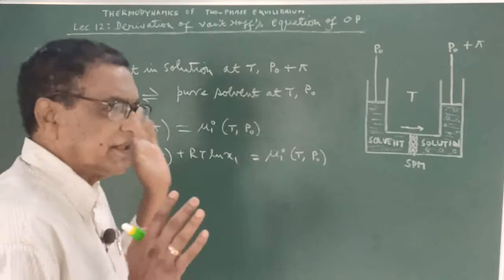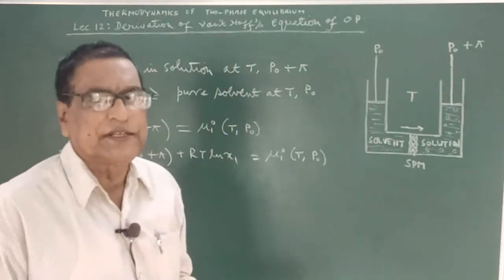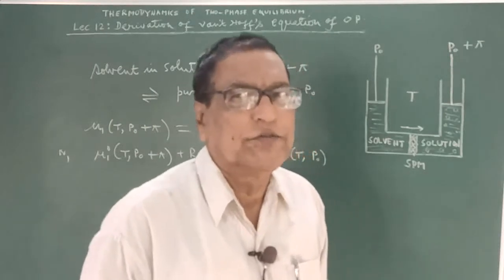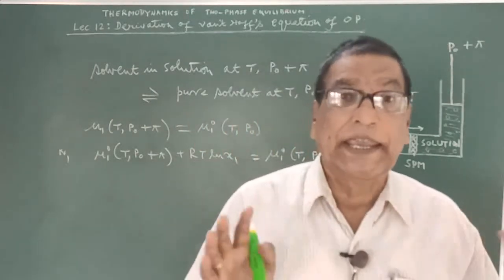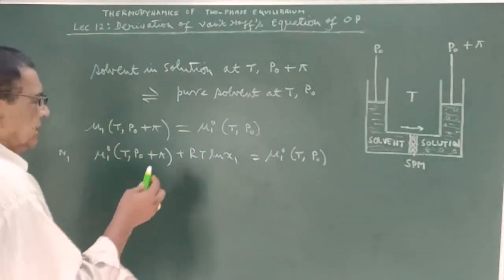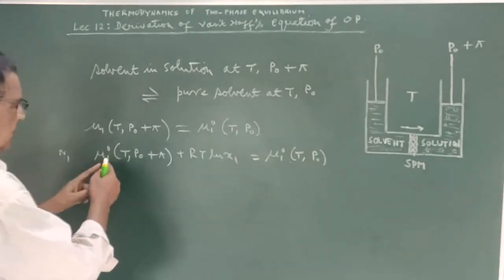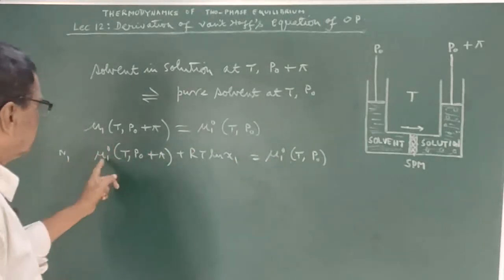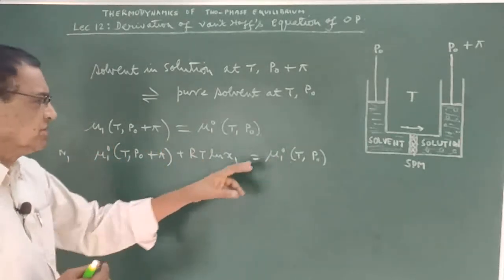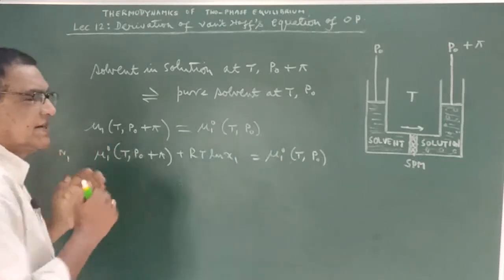If we consider non-ideal solutions, then x1 will be replaced by the activity of the solvent in solution, a1. If we transfer this term, both are the chemical potentials of the pure solvent at the same temperature, but the pressures are different.